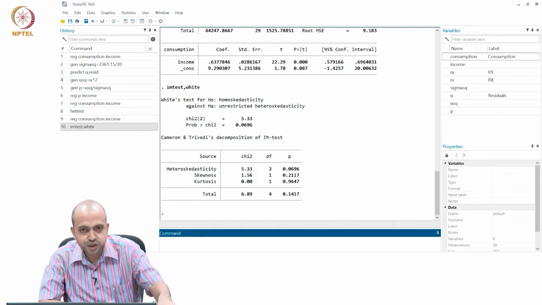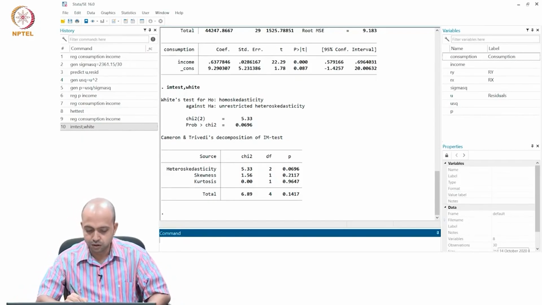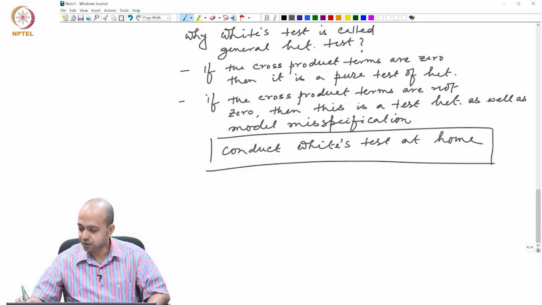Okay, now the question is, we have detected the heteroscedasticity, but what is the solution? How will you solve the heteroscedasticity problem?